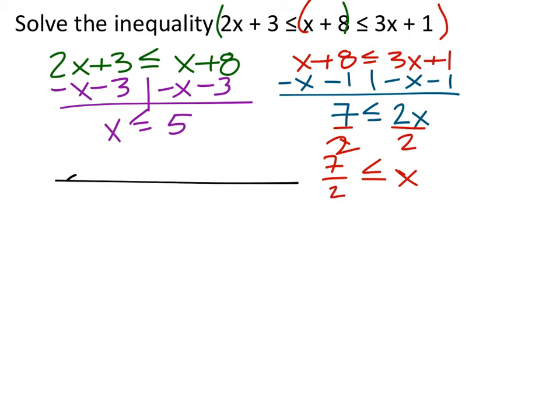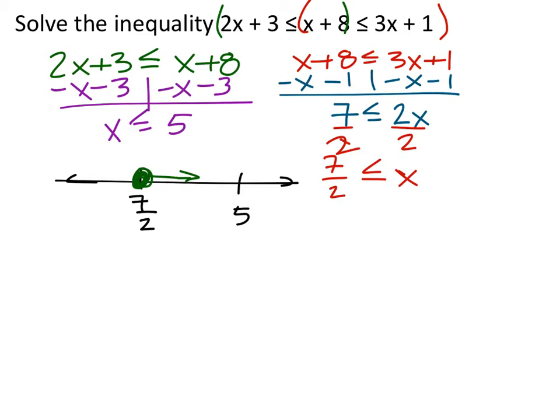I am going to graph this so I can visualize it a little bit better. 7/2 would be, we'll just say right there, and then 5 is going to be to the right of it. And the order of these will be important. If we're not sure what they are, maybe change the 7/2 into a decimal, right, 3.5. And I'm not looking for any scaling between the two, so it doesn't matter how far apart they are. I just know at 7/2 I've got a closed circle, and it's eating the x, so it goes to the right.